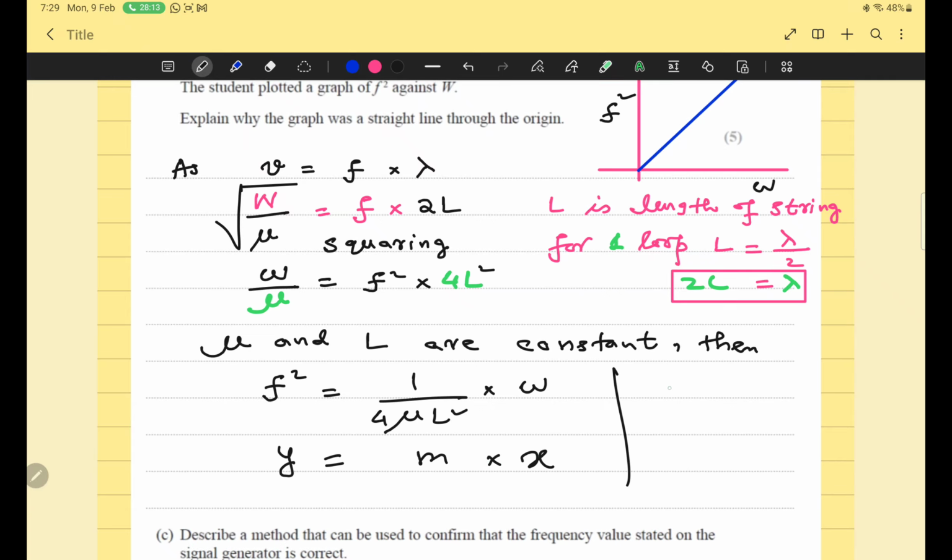Both are correct. You can write that frequency square is directly proportional to weight, so the graph is a straight line passing through origin. You can write in this way.